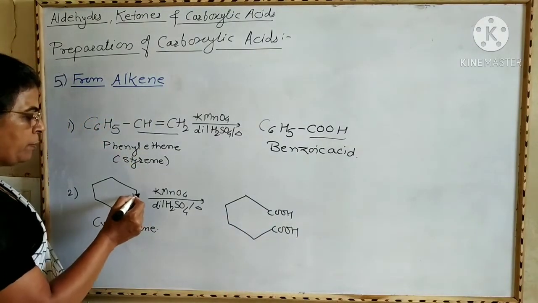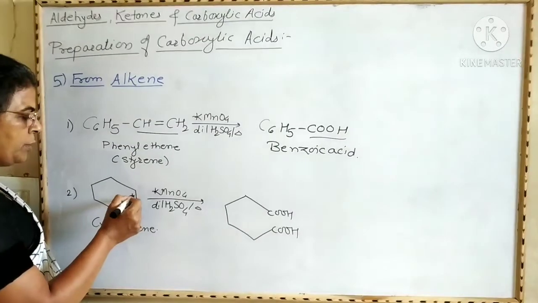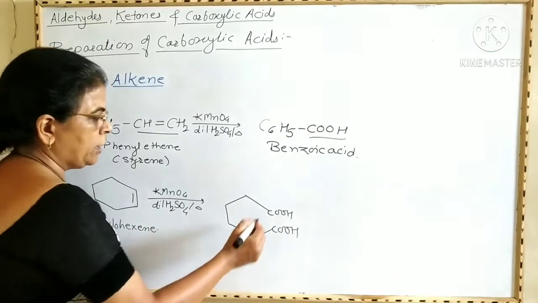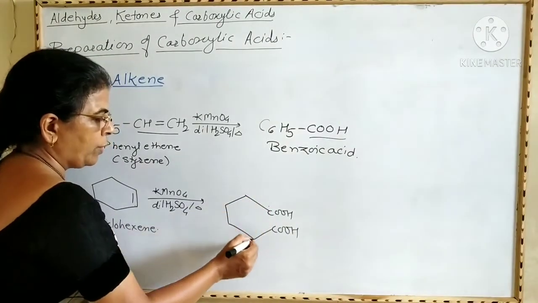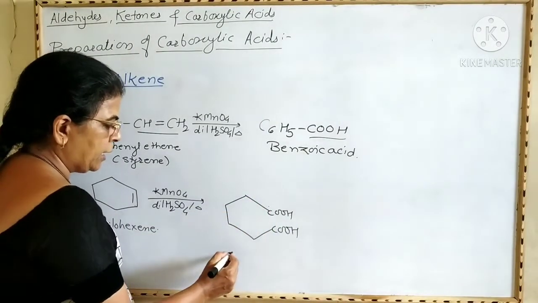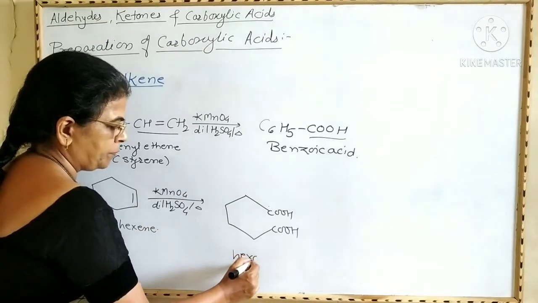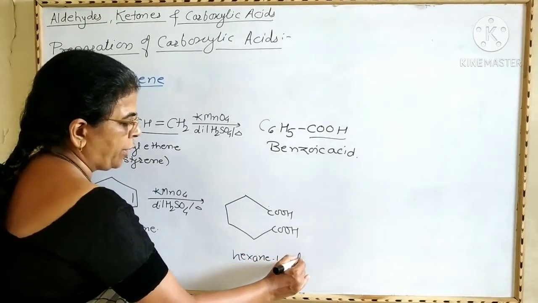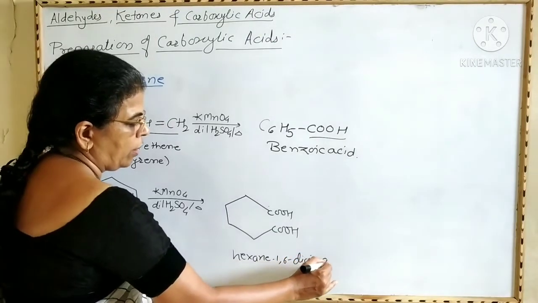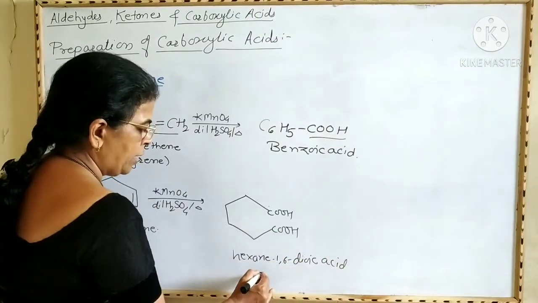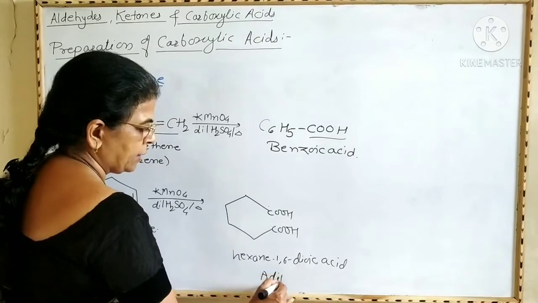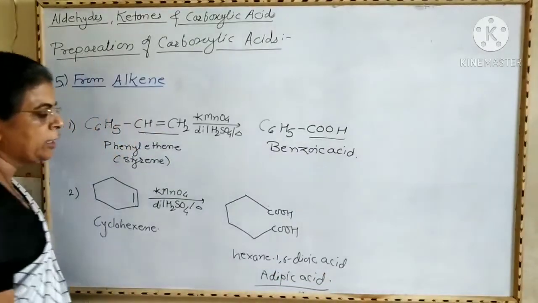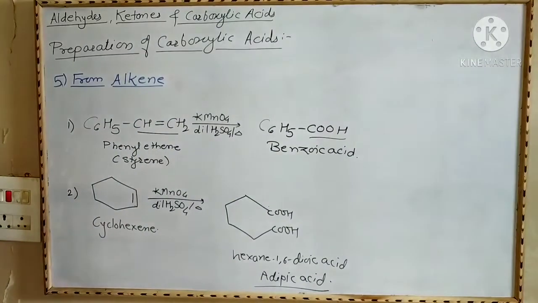Breaking of this bond takes place on oxidation of this alkene to form 2 COOH groups. Now here it is 1, 2, 3, 4, 5, 6, that is, it is hexane 1,6 dioic acid, commonly named adipic acid. Formation of adipic acid takes place.